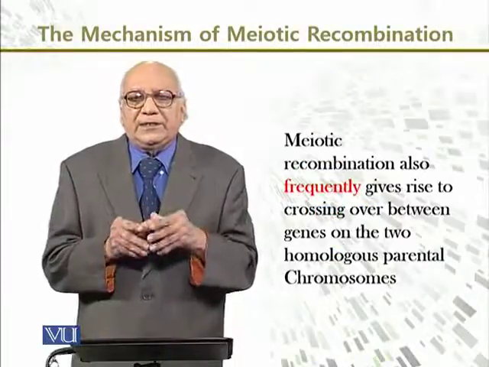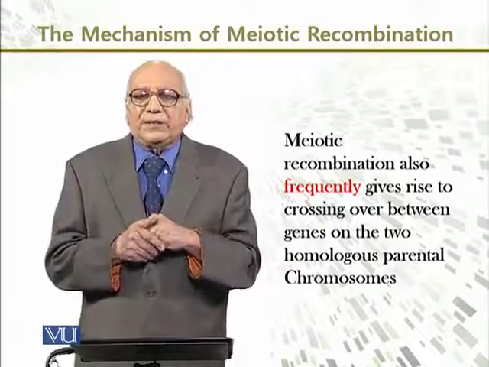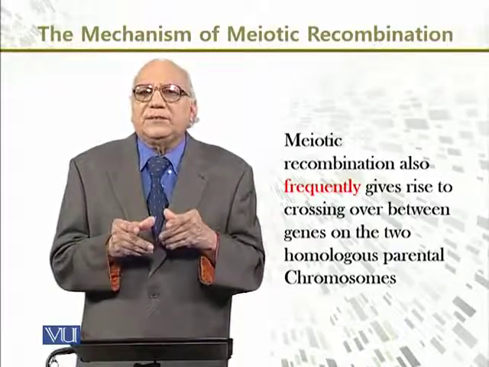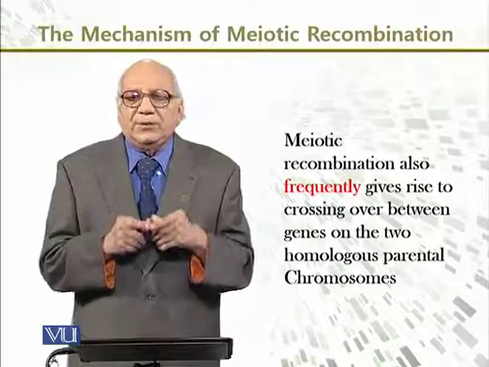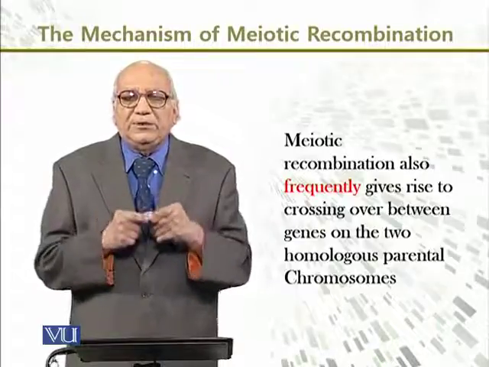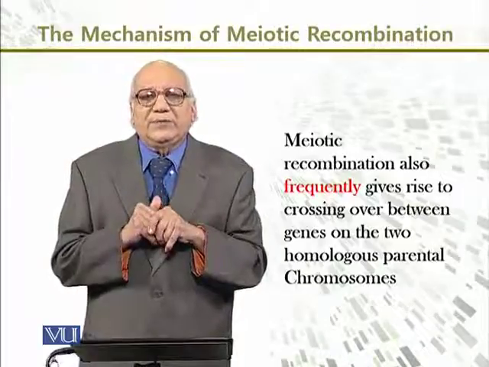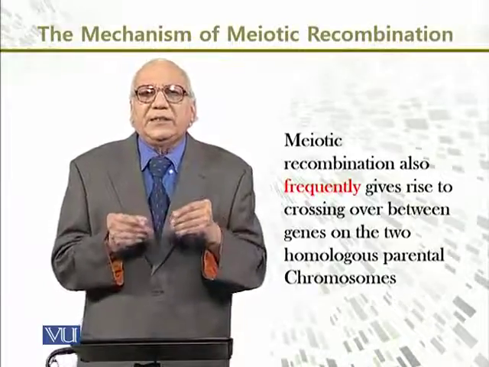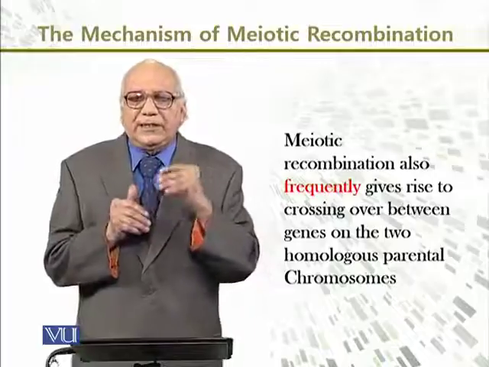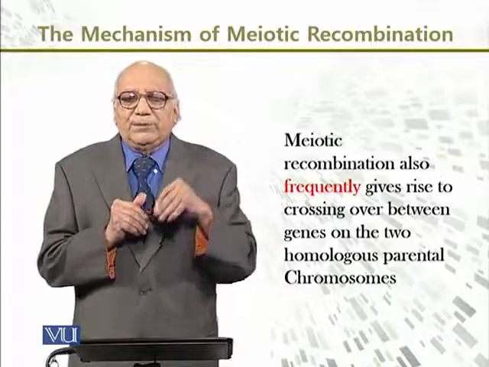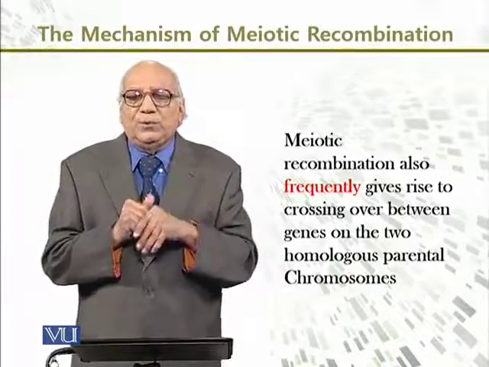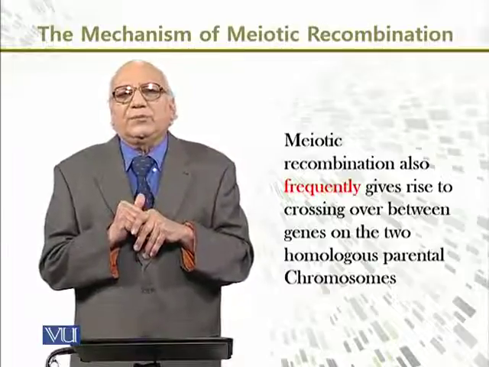Meiotic recombination also frequently gives rise to crossing over. Obviously, when crossing over happens, genes will move between the homologous parental chromosomes. So meiotic recombination also frequently gives rise to crossing over between genes on the two homologous parental chromosomes.